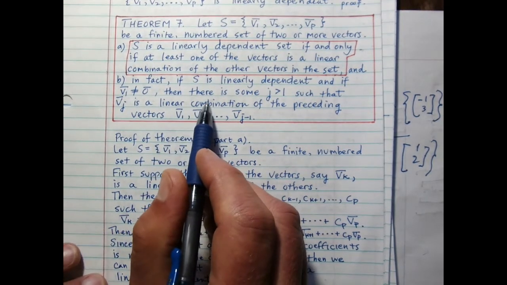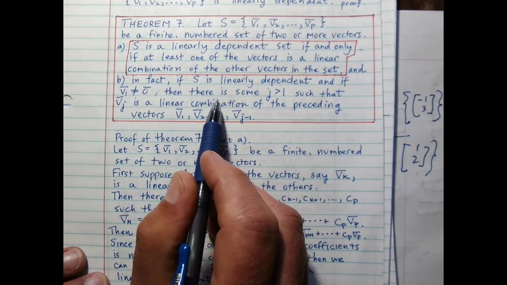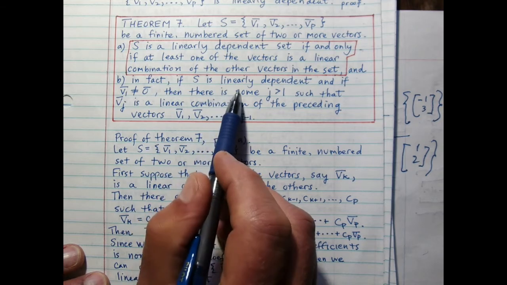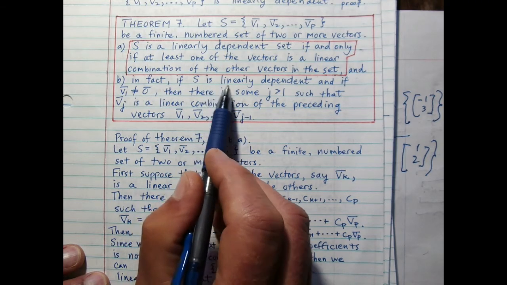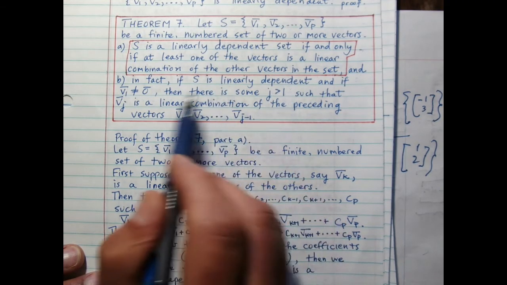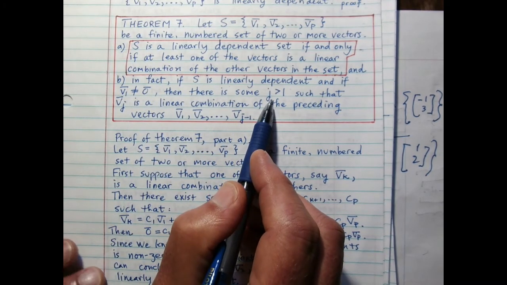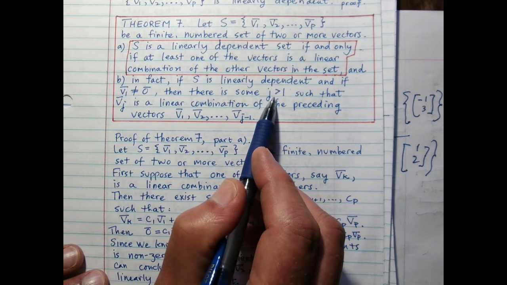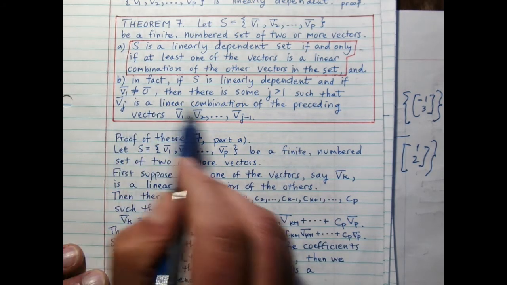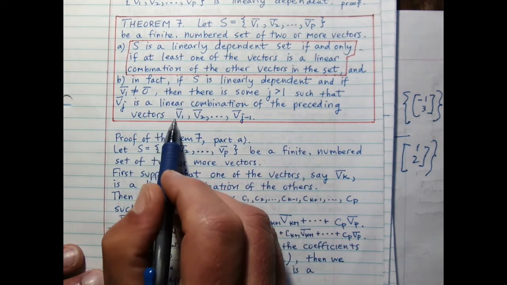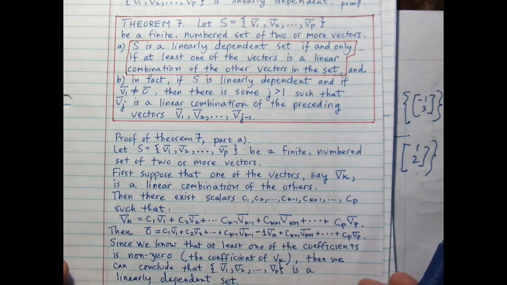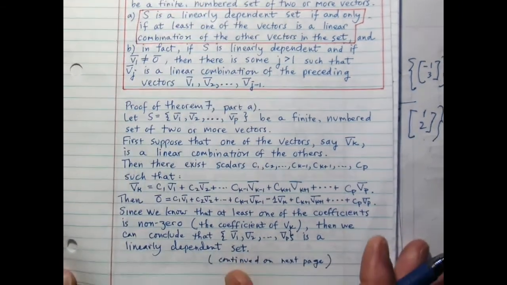Part B is just a technical point that you don't have to worry about so much. If S is a linearly dependent set, and if v1 is not 0, then there is some j, some subscript, such that vj is a linear combination of the preceding vectors in the list. Now, the proof is written out here.